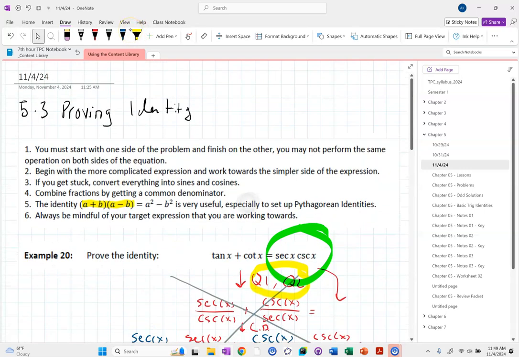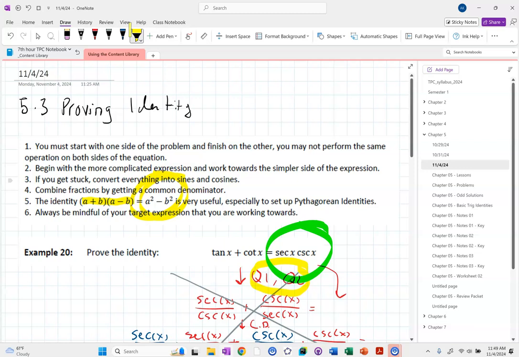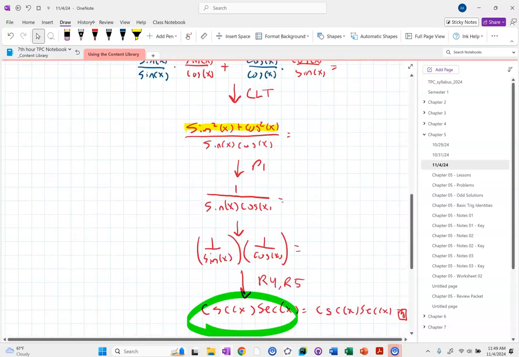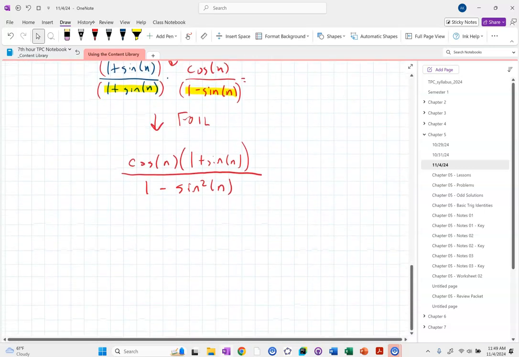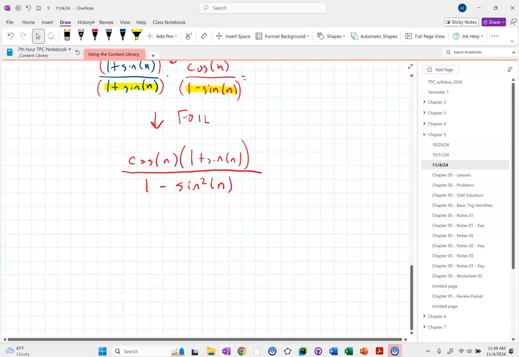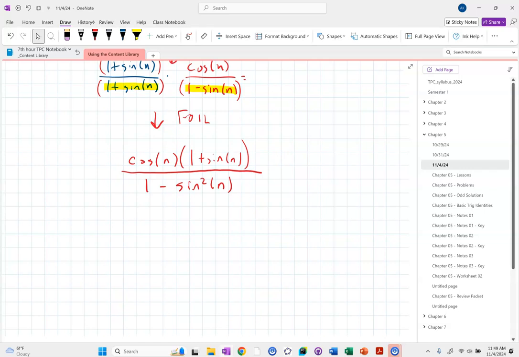Again, I'm using that identity, that factoring pattern, to just multiply it out. So rather than foiling and showing all my work, I just use that as my shortcut to FOIL it. So far so good?